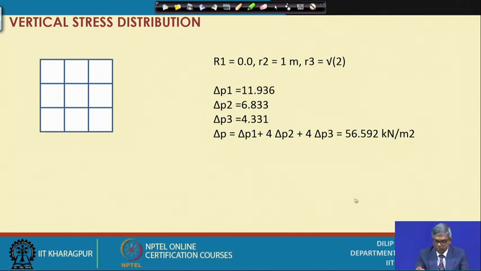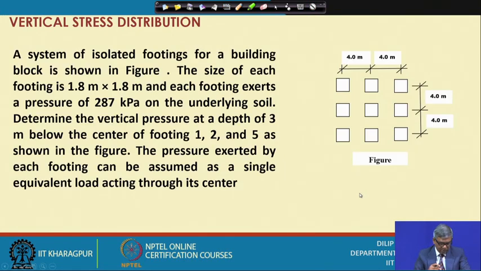Now, I will show another application. This is an application where I am showing 9 footings. Suppose there are 9 footings here, numbered 1 2 3 4 5 6 7 8 9.